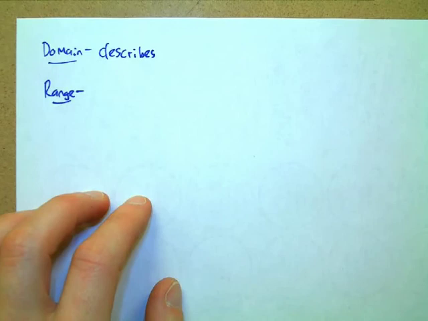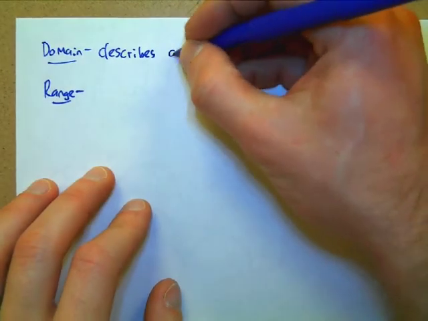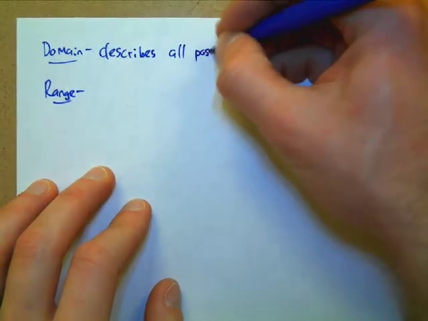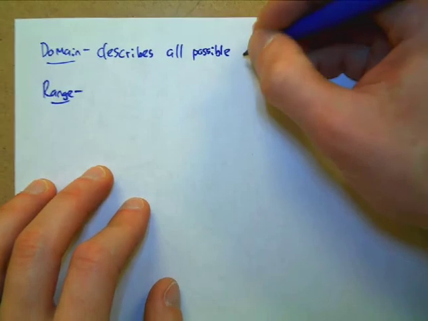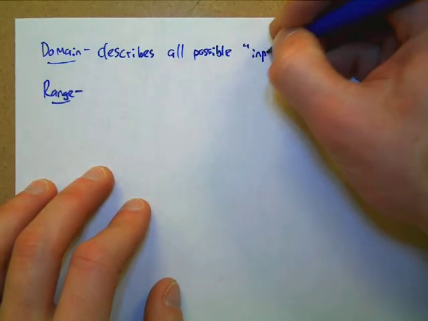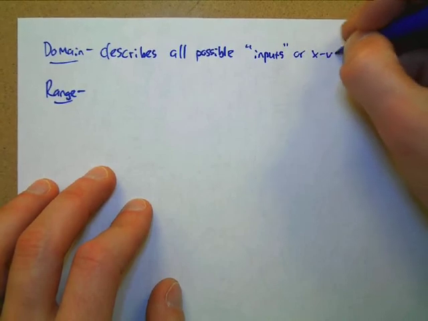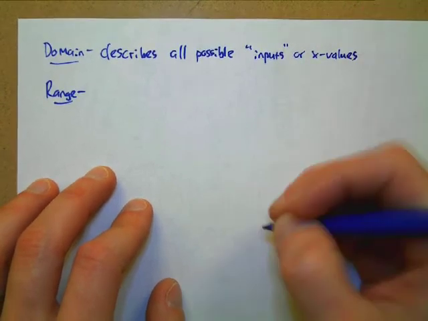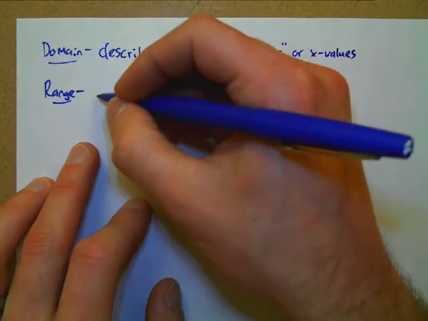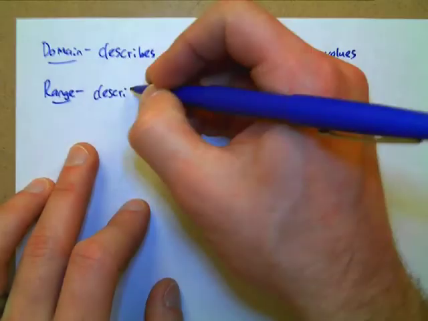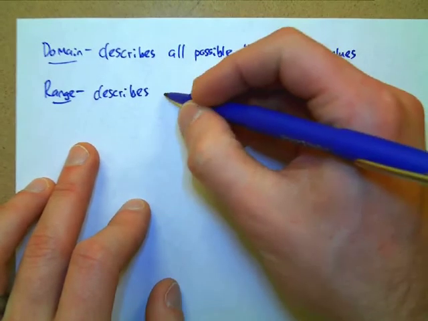Domain describes the specific coordinates of our function, and the range also describes specific coordinates. Is range like half the domain? No, you might be thinking of statistics. But yes, domain is the x, exactly right.